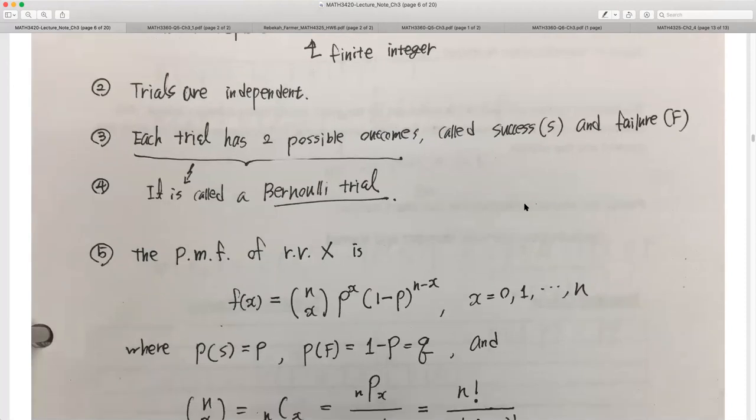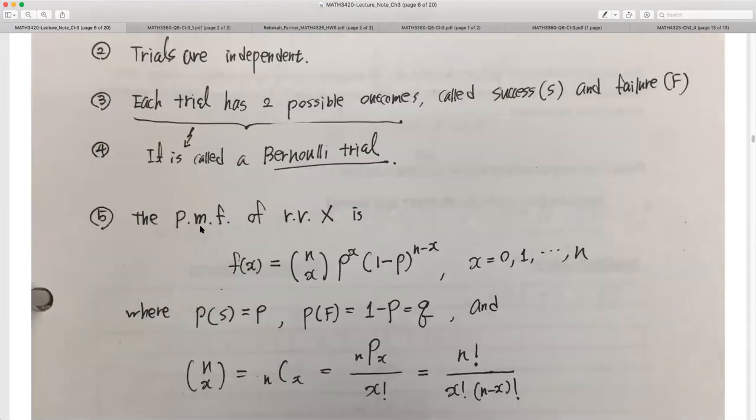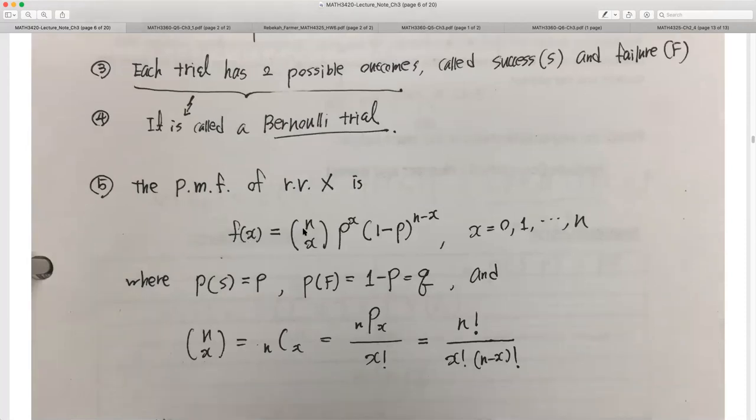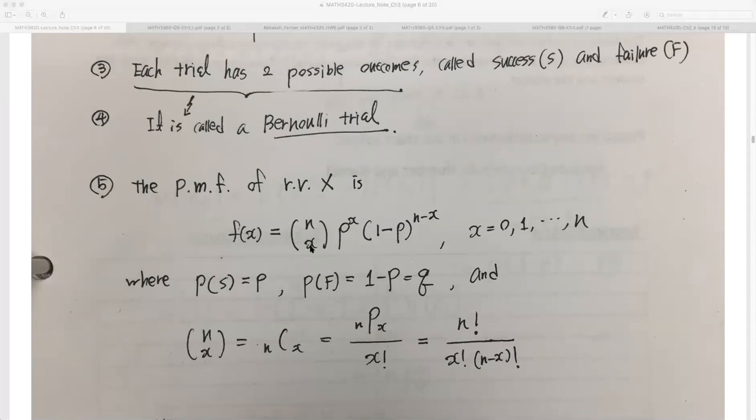Now the PMF, the probability mass function of the random variable X, is f of x equal to, and what's this? The long parenthesis with n and x, that's the combination. Do you know combination and permutation? We learned it, right? n combination x means the number of ways to choose x out of n without regarding order.